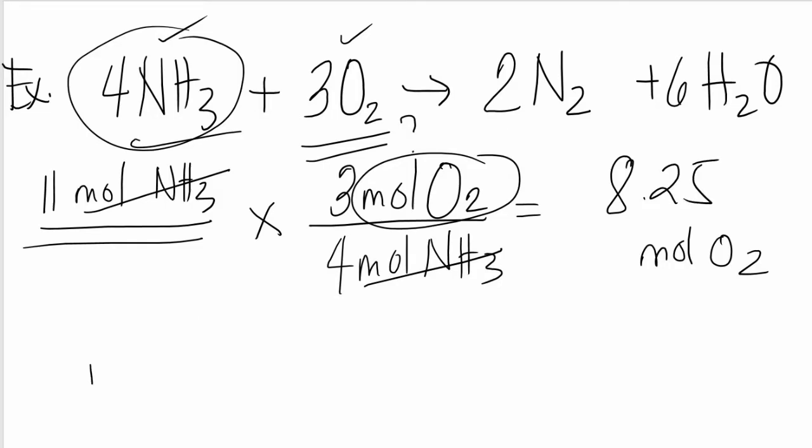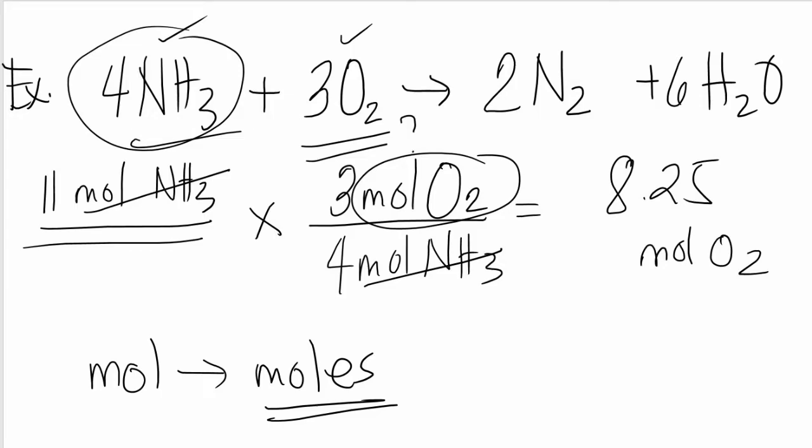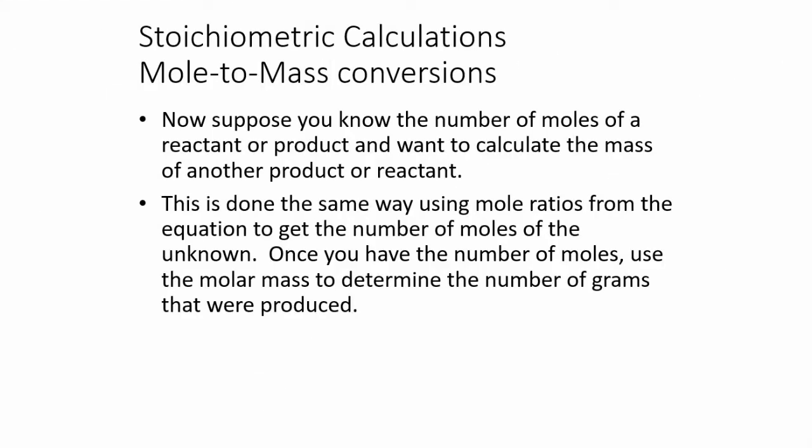So by the way, when we say mole, ang ibig sabihin niyan ay ito, moles. Whether it's plural or singular, ito yung ginagamit natin sa dimensional analysis para mas maikli. So next naman natin ay yung stoichiometric calculations ng mole to mass. Now you're supposed to know the number of moles of a reactant or product and want to calculate the mass of another product or reactant.